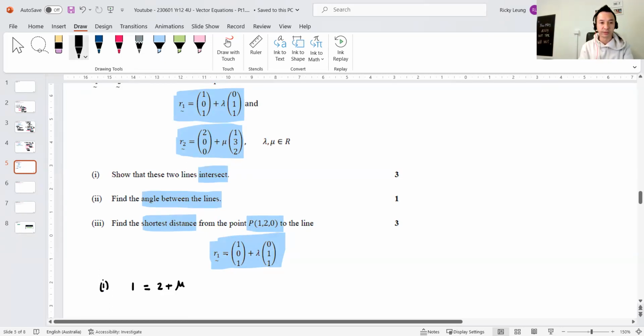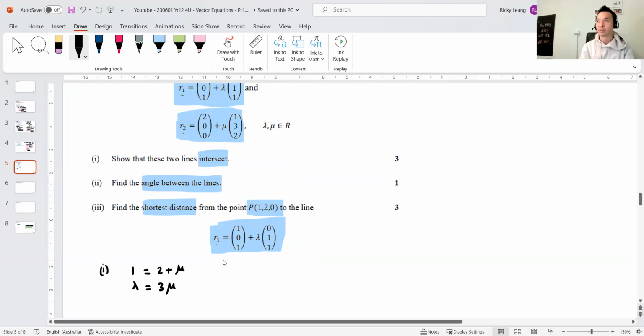Equation number 2: 0 plus lambda equals 0 plus 3 mu. And then the third one: 1 plus lambda equals 0 plus 2 mu. Okay, cool. So from the first one, I'll call it number 1, it looks like mu equals -1.